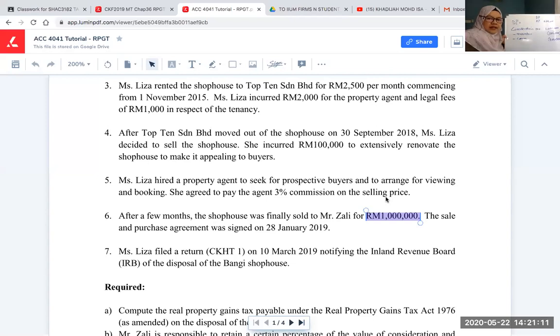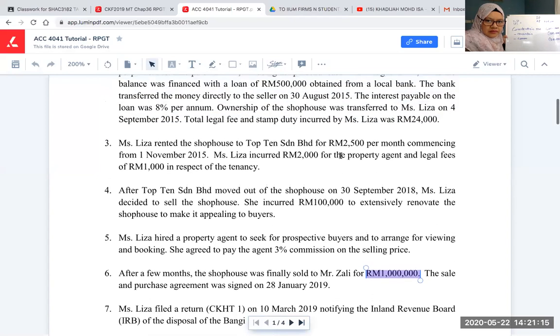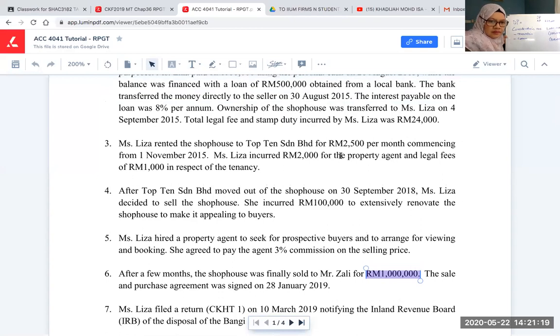Any more that we have? Tak ada lah. So from there, you should get 870,000. What is this 870,000? This is your disposal price, 870,000. Is that clear?